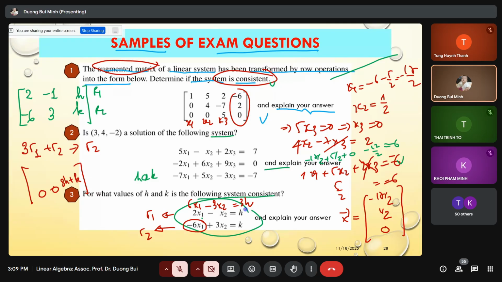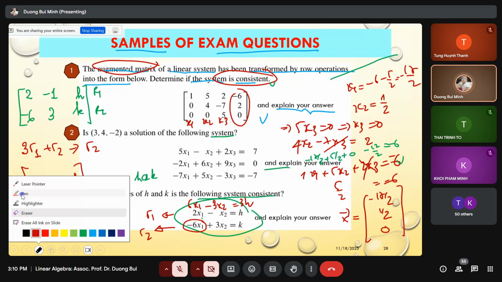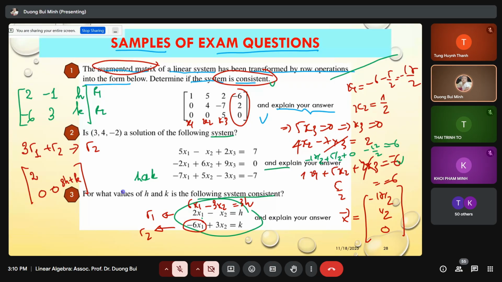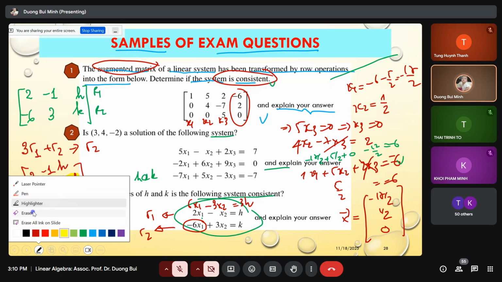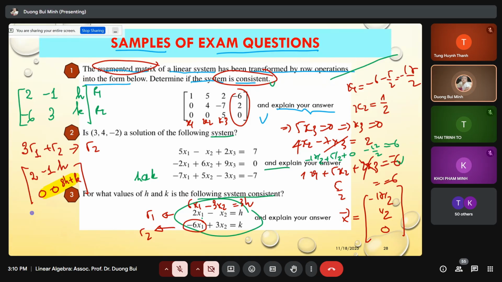And here we just rewrite: 2, minus 1 and x. Okay, so now we consider this one. This system is consistent if and only if 3x plus k is 0.